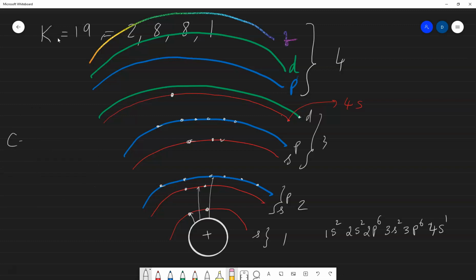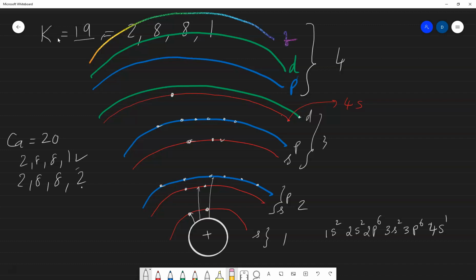Just see how easy it is to write these diagrams now. For calcium, calcium has got 20 electrons, just one more than potassium. So it's the same thing. It's 2, 8, 8 and 2. We've already done this for 2, 8, 8 and 1, for potassium. This is the diagram you've got so far. Now we just have to worry about one more electron.